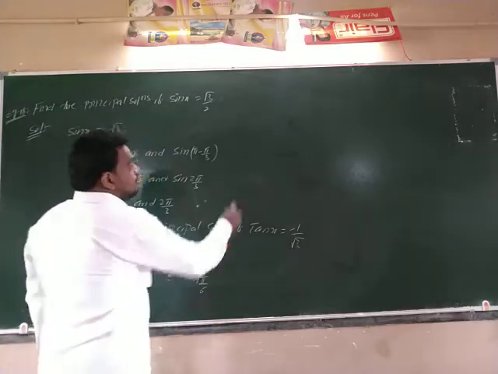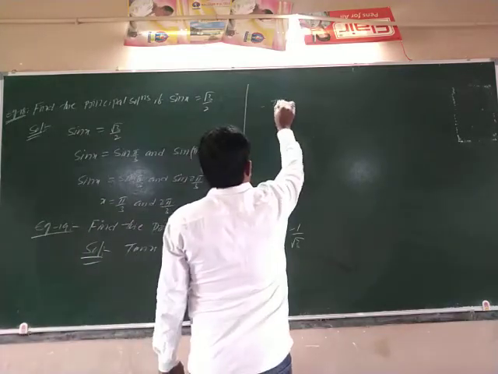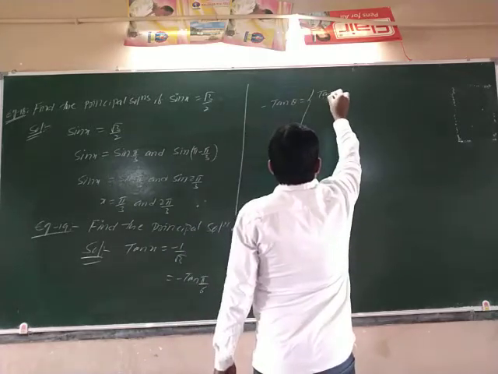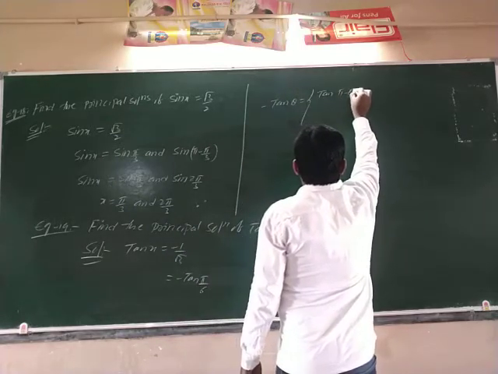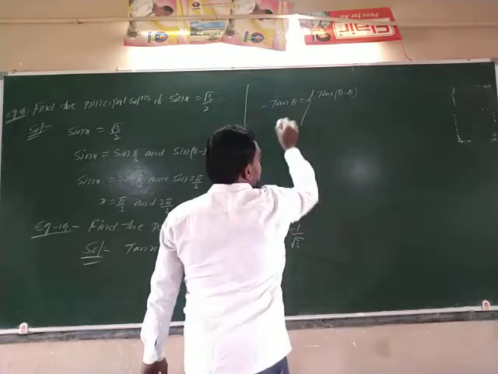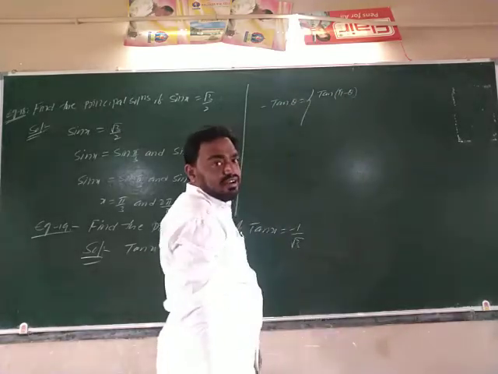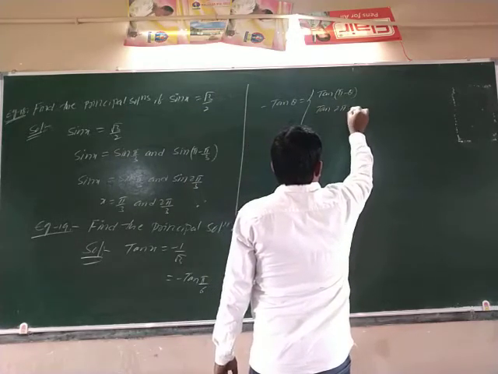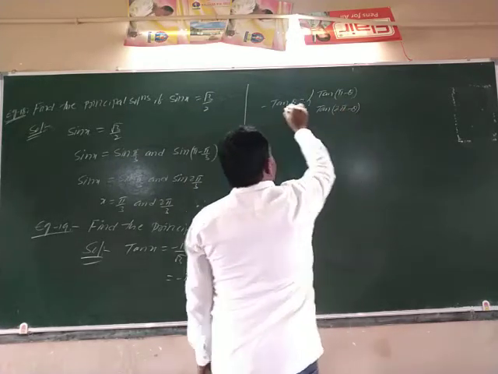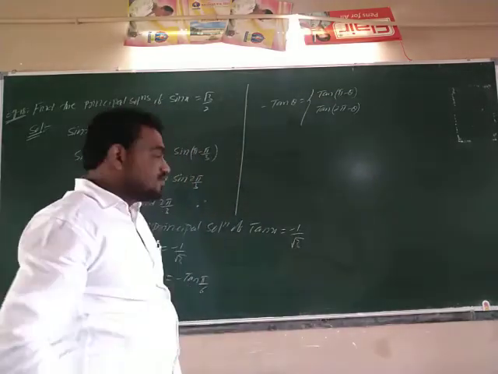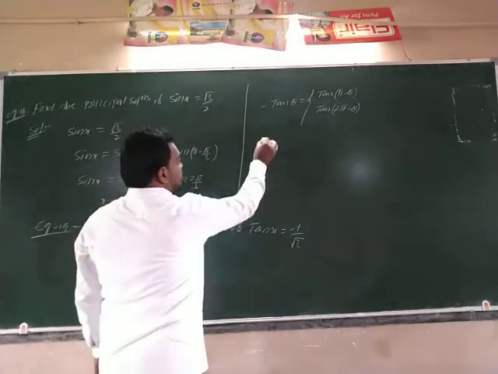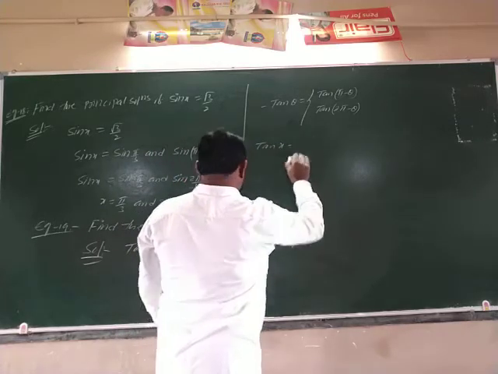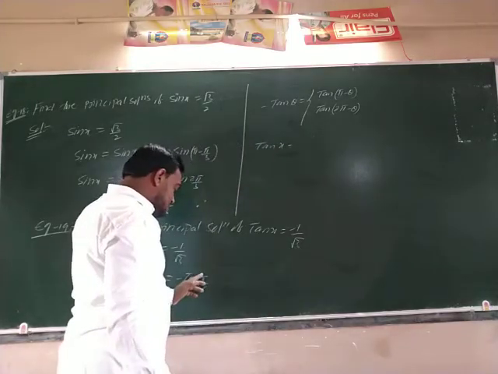Right? So when we are getting minus tan theta, tan(pi minus theta) is minus tan theta, right? Next, tan(2 pi minus theta) is also minus tan theta. So what I am writing here: tan x is equal to minus tan pi by 6.